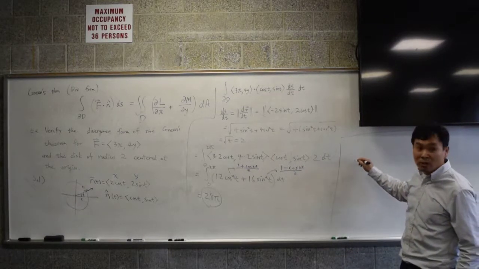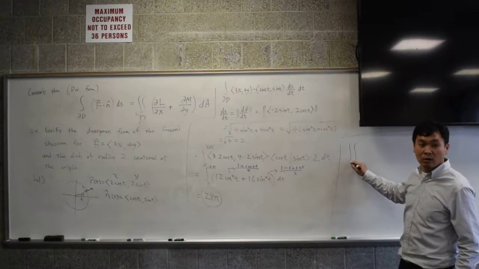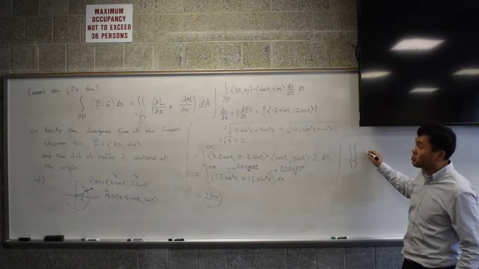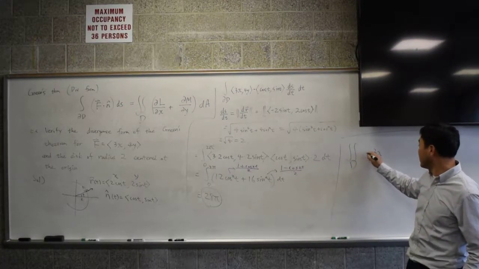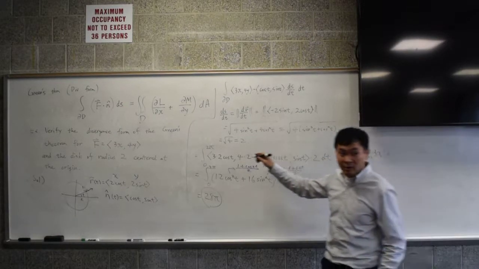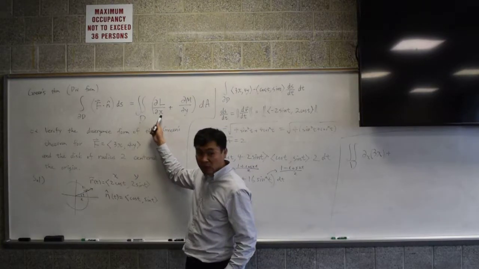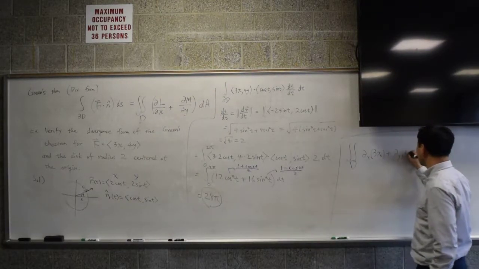Now, how would you do the other one? Over the domain D, I have to take the first quantity and differentiate by x. That's what it says, right? The first component has to be differentiated by x. The second component has to be differentiated by y.